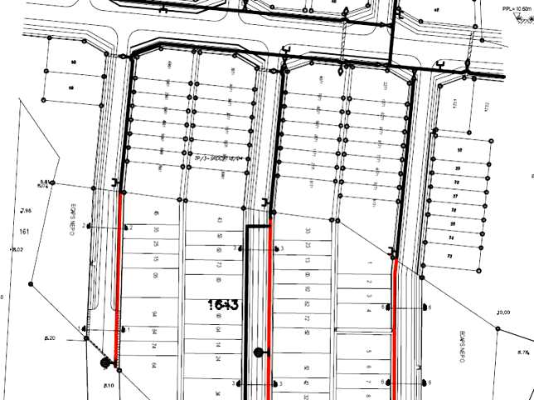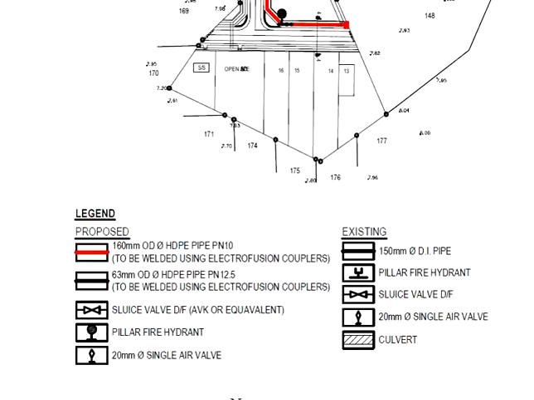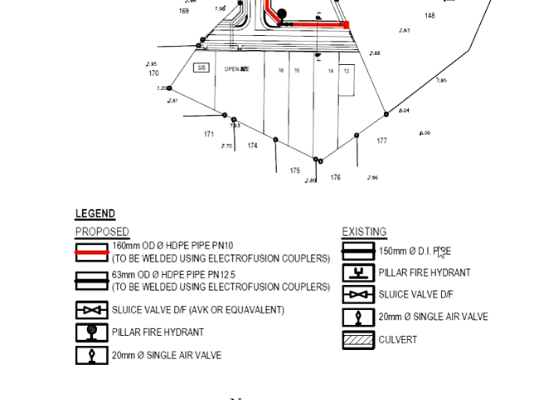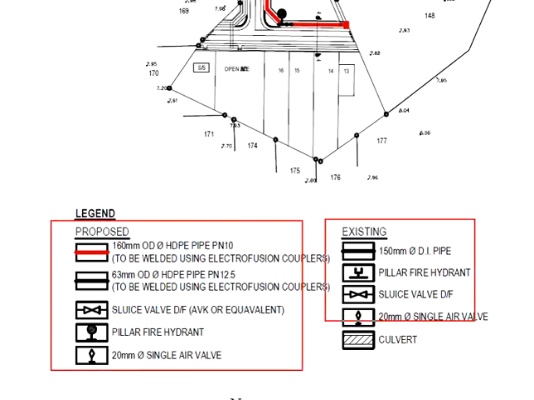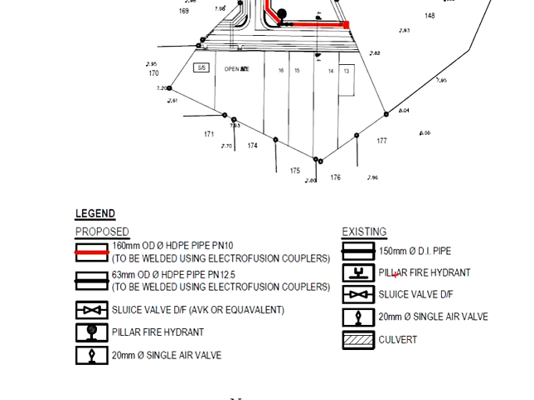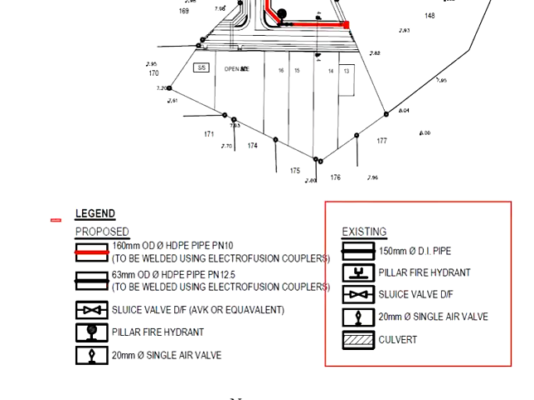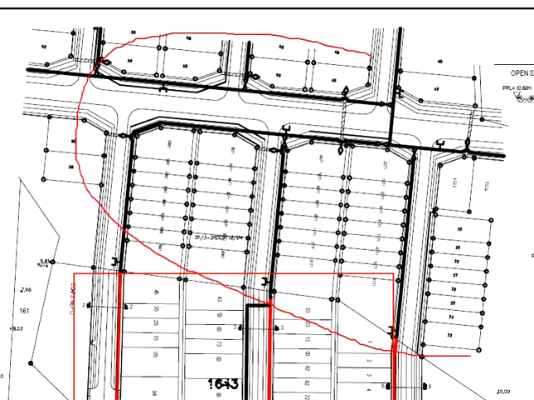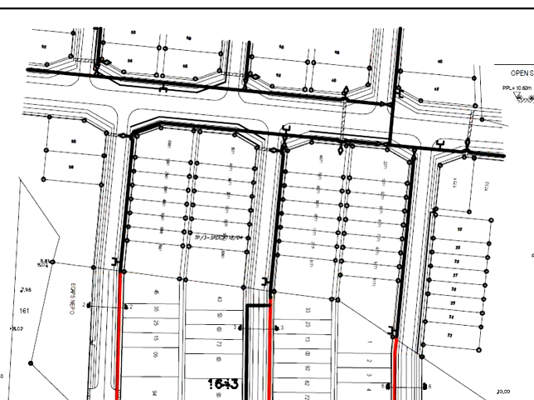Now, taking this plan as an example, you will first read the legends. There are two groups of components here: the existing and the proposed. As this development is an extension to the existing development here.